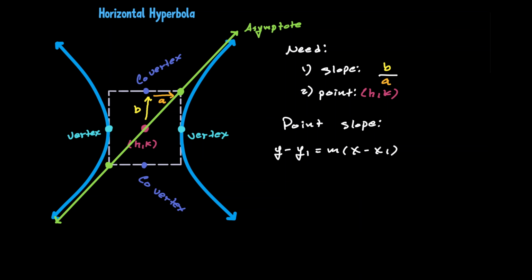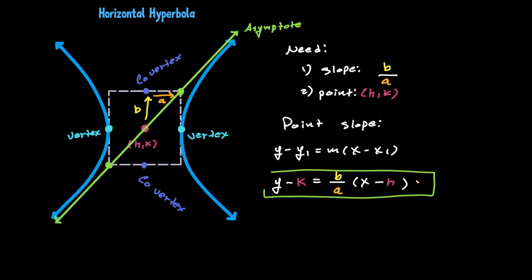The equation for this asymptote will be y minus k equals B divided by A, parentheses, x minus h. And now this equation can be used to represent one of the asymptotes in the horizontal hyperbola.